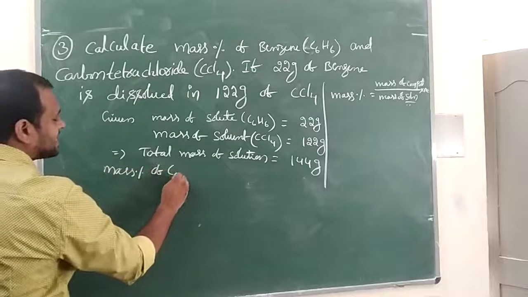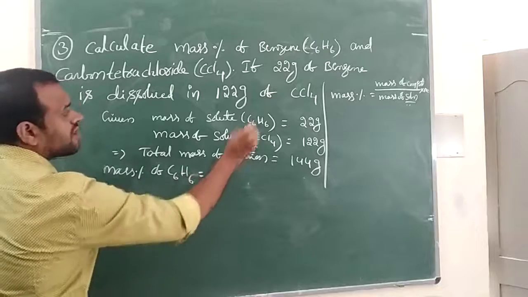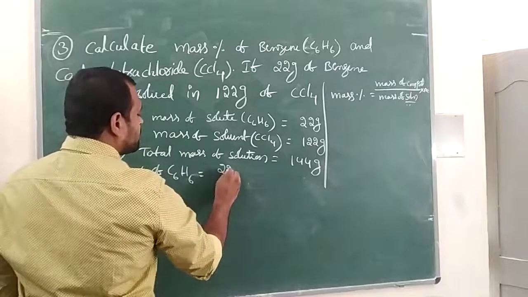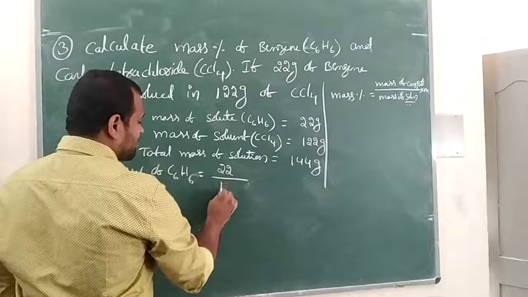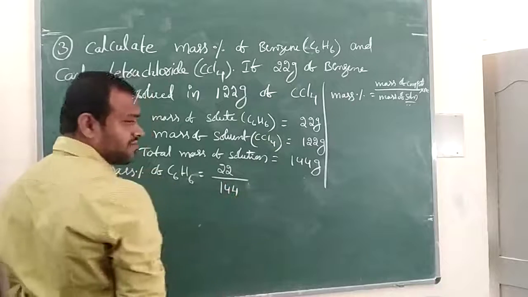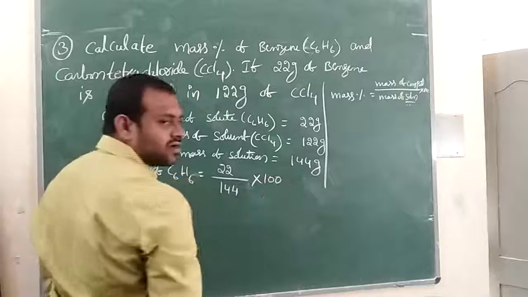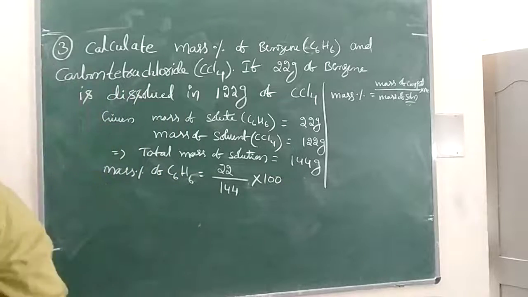Now I want to find the mass percent of benzene. That equals the mass of benzene, 22, divided by the total mass of solution, 144, into 100. Compete with me to find the value.